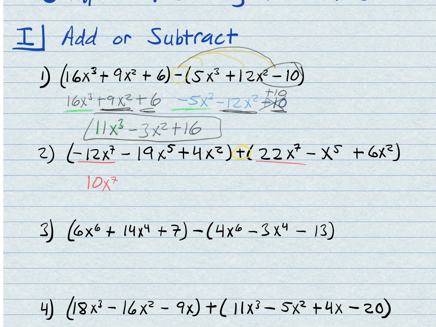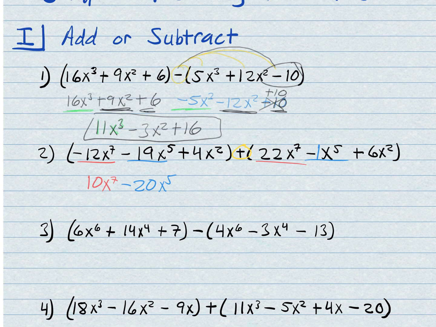Again, you don't do anything to the exponents on the x. And then the same thing with these x to the 5th terms: negative 19x to the 5th minus x to the 5th. Now, when you don't see a number in front of your variable, you assume it's a 1. So negative 19 minus 1 is going to get you negative 20x to the 5th.